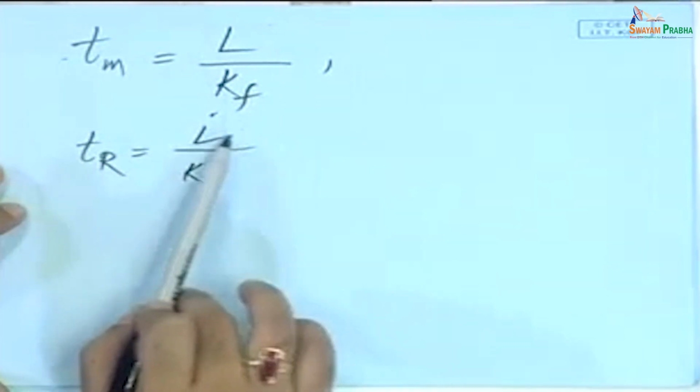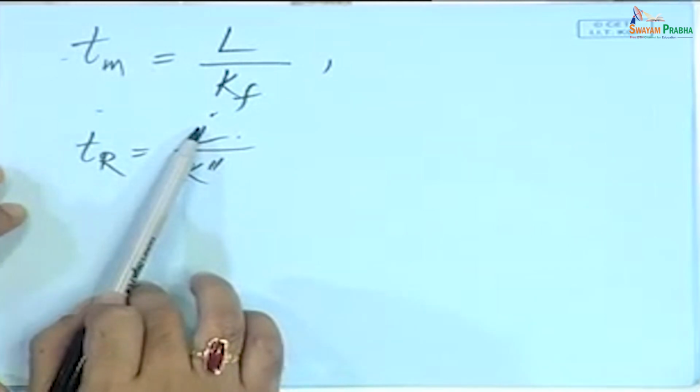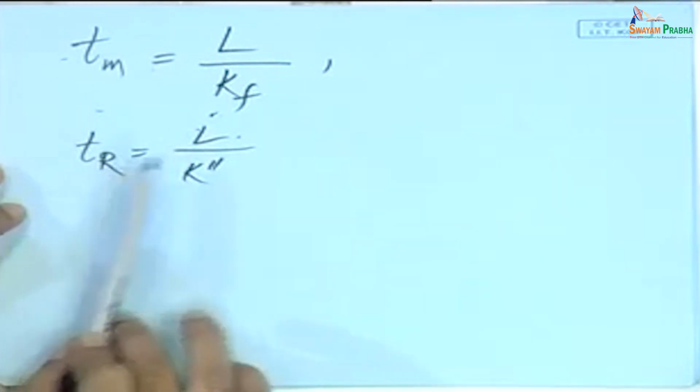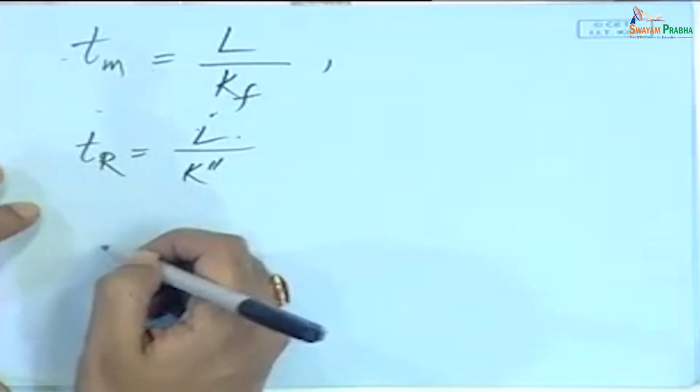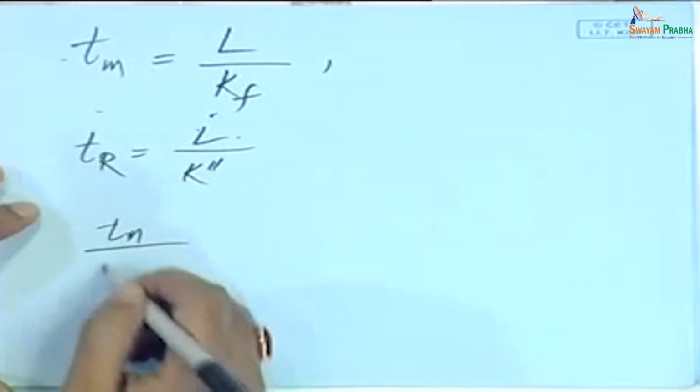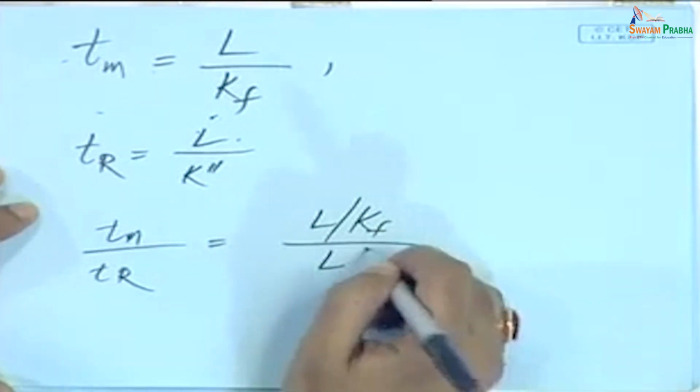So, just to make this the unit of time, mass transfer time scale is L over Kf, and the reaction time scale is L over K double prime. So, my Tm over Tr equals L over Kf over L over K double prime.